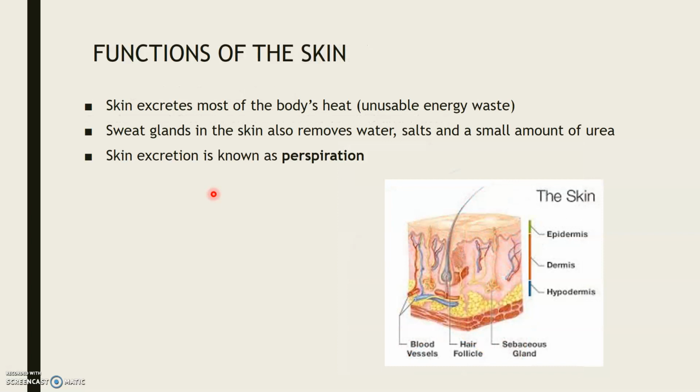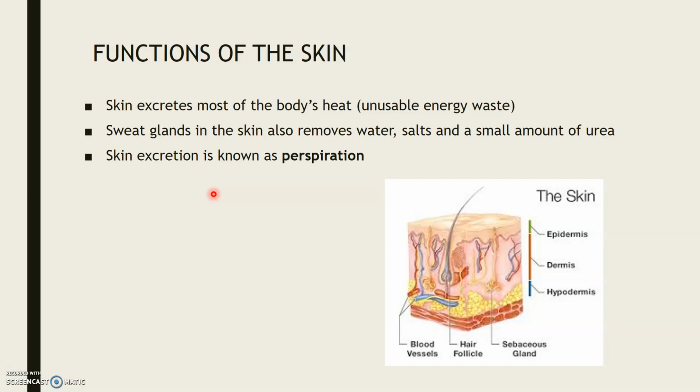Next is the skin. So skin is responsible for excreting a number of the body's wastes. This includes getting rid of excess body heat. So this is unusable energy, energy that our bodies aren't able to process and use. It gets rid of it through the skin. It also gets rid of wastes in the form of sweat.